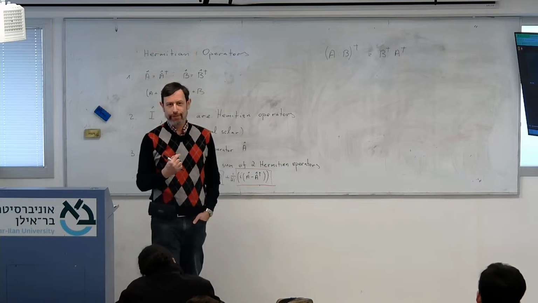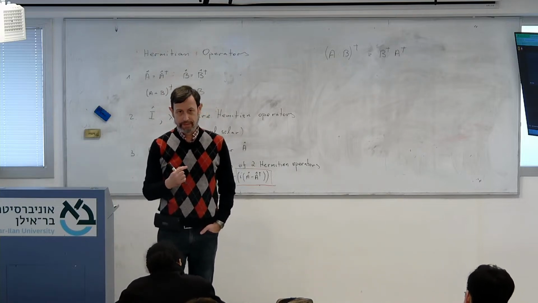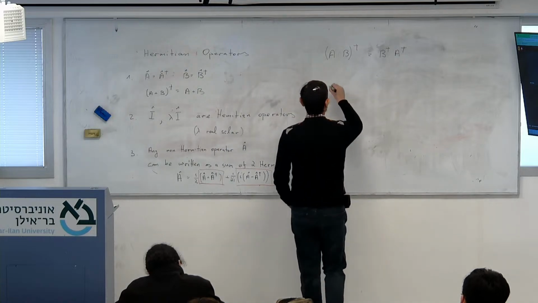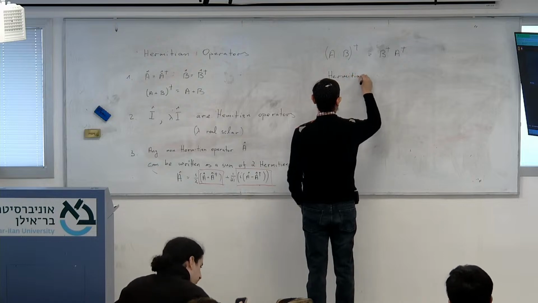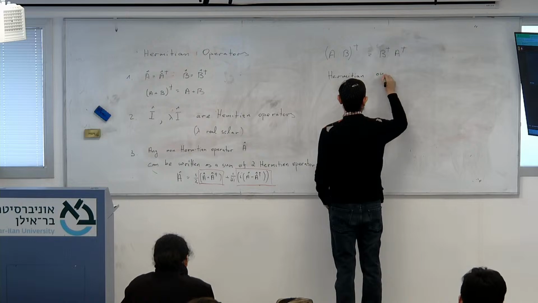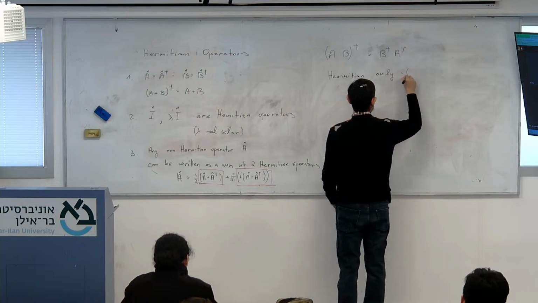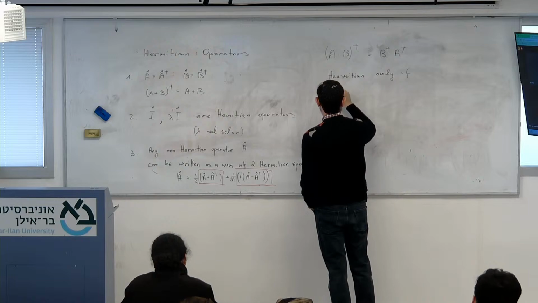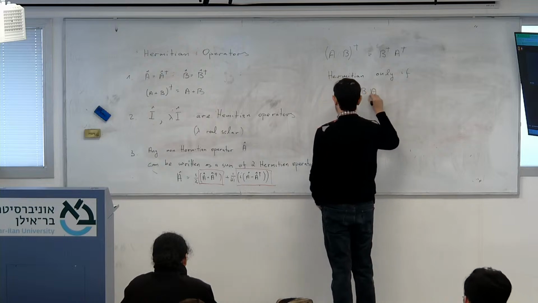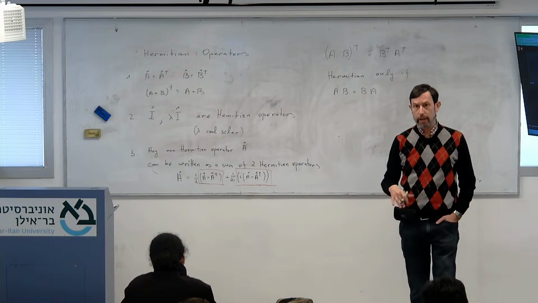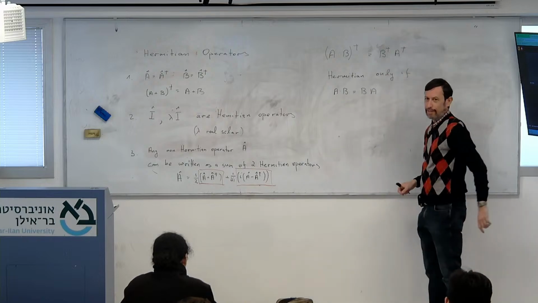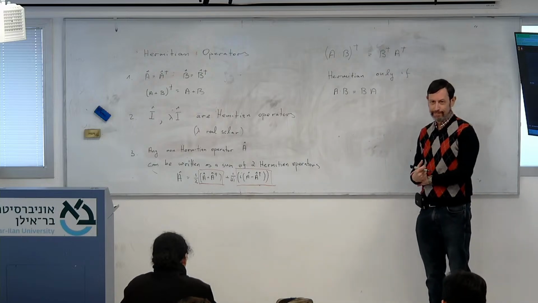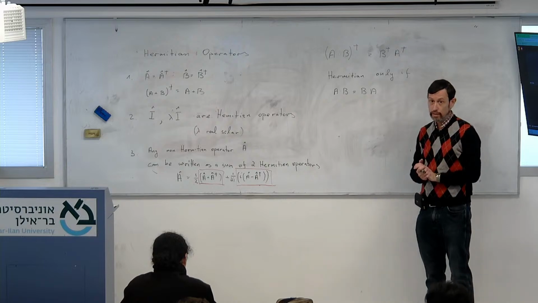When is it Hermitian? If A times B is equal to B times A, then you can swap it and all's good. But it's not necessarily true.